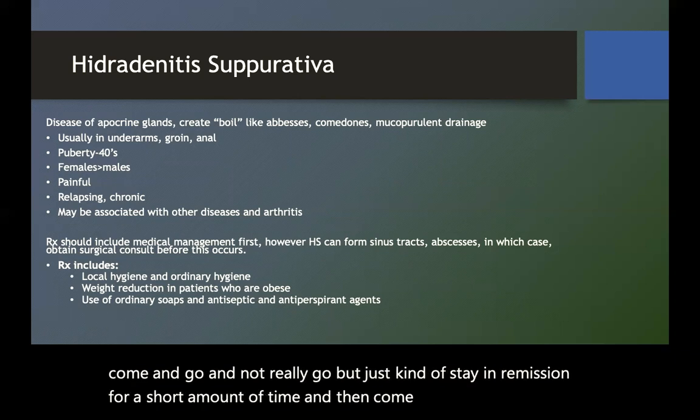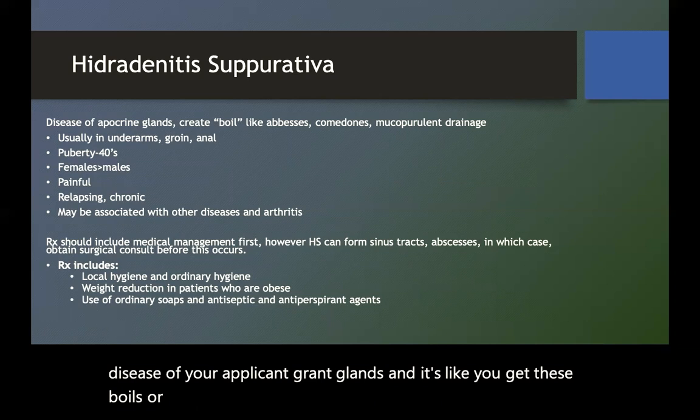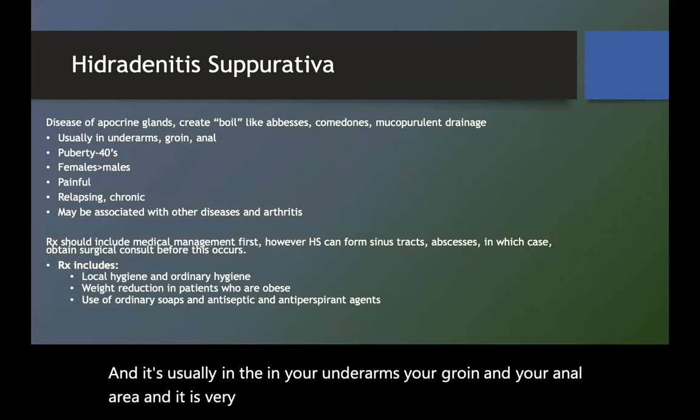Basically, it's a disease of your apocrine glands, and you get these boils or abscesses or comedones that tend to drain, and it's usually in your underarms, your groin, and your anal area. It is very consistently that. It's very textbook. It's described exactly how it presents.